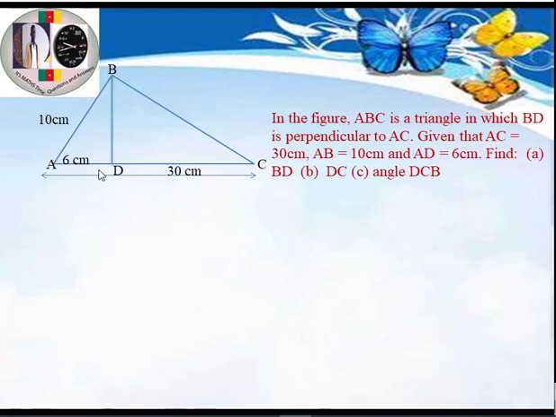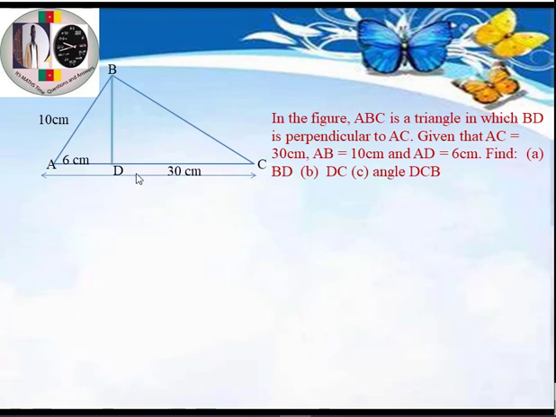The bigger triangle is a triangle in which BD, this line BD, is perpendicular to the line from A to C. Given that AC is 30, AB is 10, and AD, from A to D, is 6. Find (a) the line BD, (b) DC, and (c) the angle DCB.